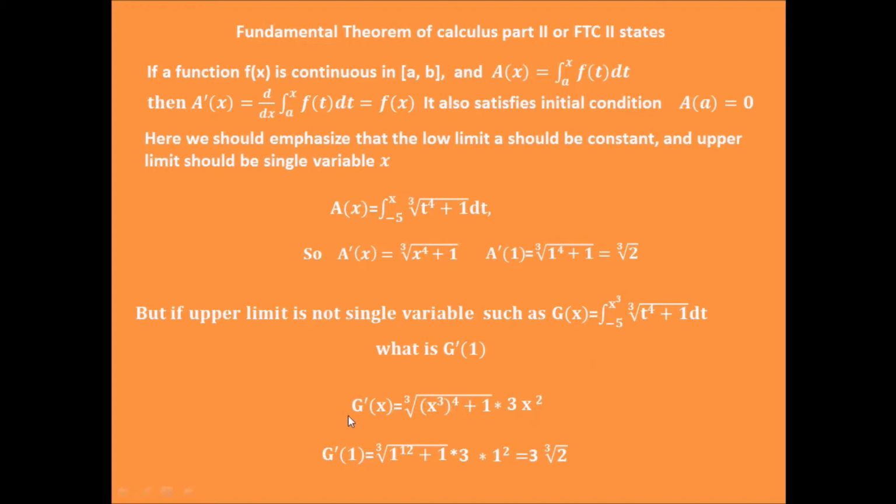So we have g'(x) equals (x cubed to the power of 4 plus 1) to the power of 1/3 times 3 times x squared. This is the derivative of x cubed. So if we want to get the derivative at x equals 1, we just replace x with 1, and we have the derivative at x equals 1 equals 3 times 2 to the power of 1/3.